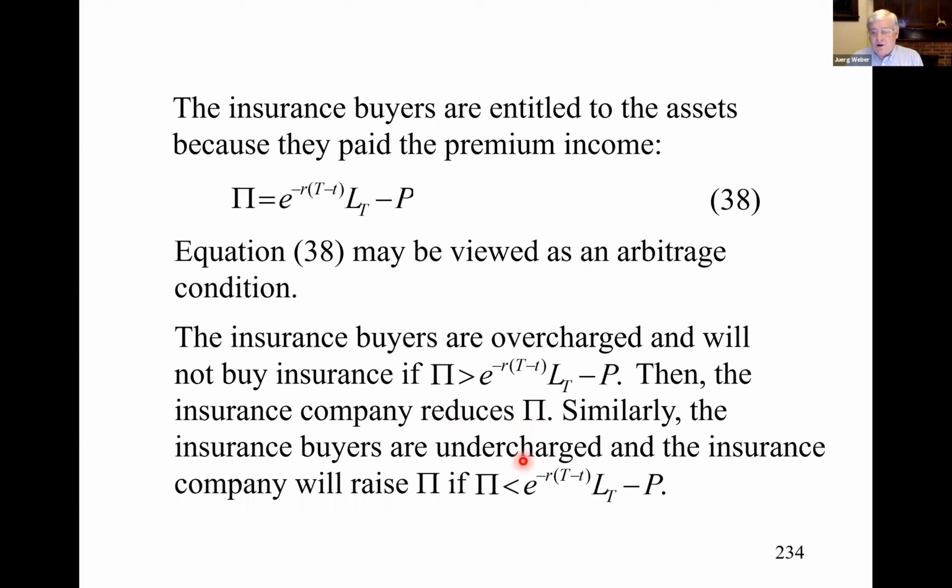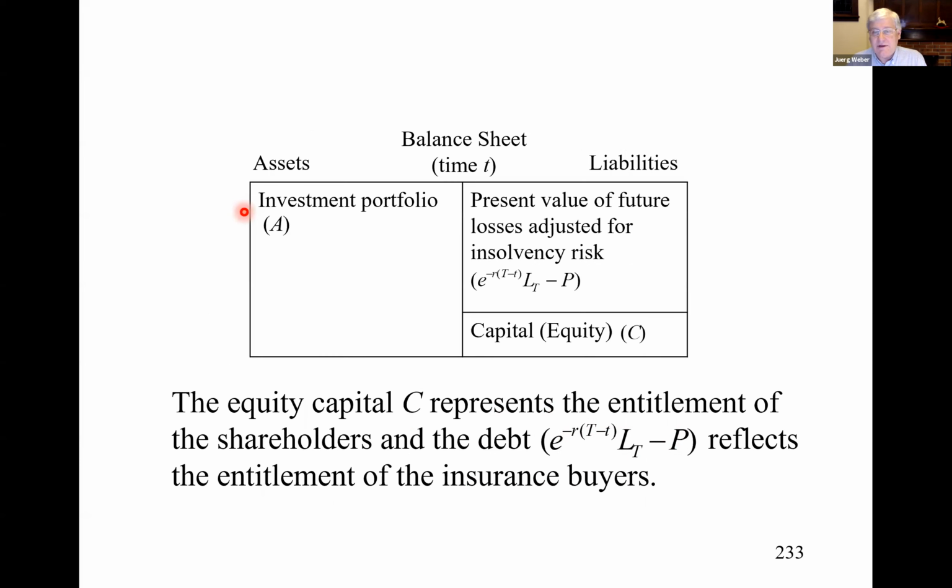And similarly, if it's too small, then the insurance holders are entitled to more than what they paid for, and naturally the insurance company will notice that, and it will increase the premium. So here we have this equality. The insurance premium is just simply equal to that here. So insurance buyers are entitled to this because they paid the insurance premium.